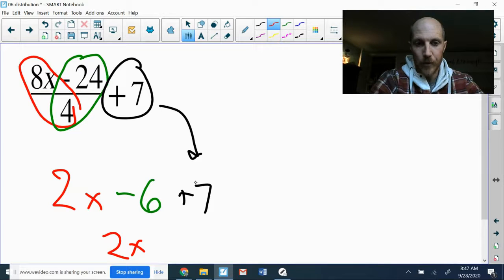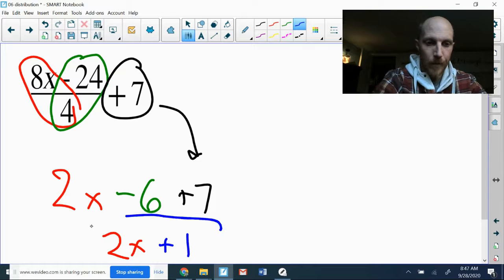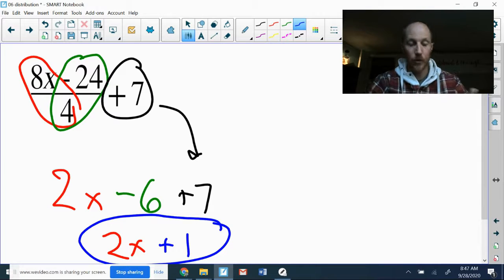And then negative 6 plus 7, that's going to be positive 1. All right. Final answer. So there's all the different ways we can distribute. We can distribute a negative sign or subtraction. We can distribute multiplication. We can distribute negative numbers. We can distribute division. Awesome. All right. Good luck and enjoy some nice refreshing gum and math.